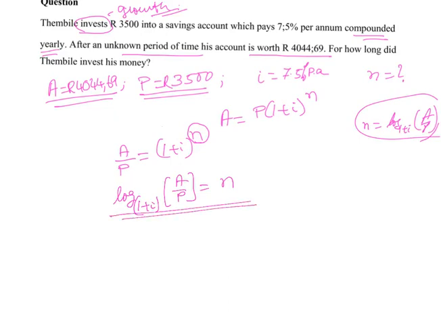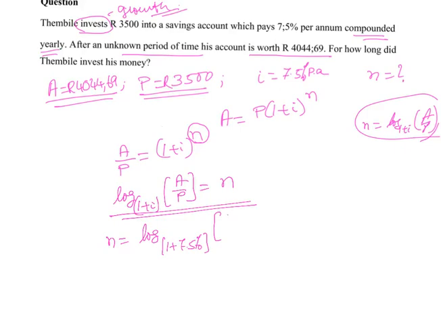Now I use my calculator and substitute: n equals log base (1 plus i), where i is 7.5% compounded annually, so divided by 1, of A.